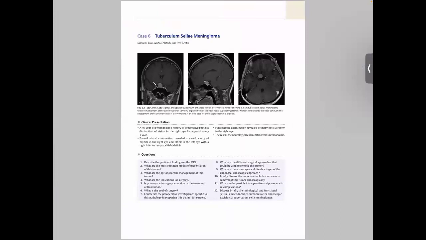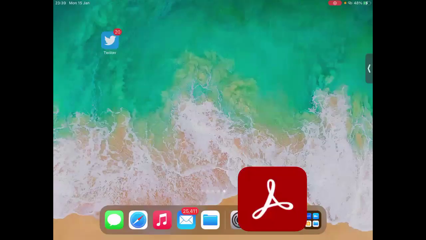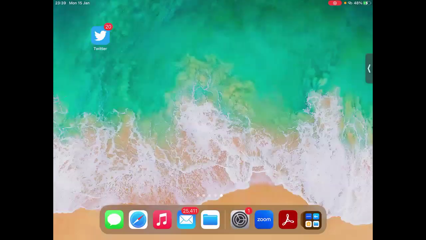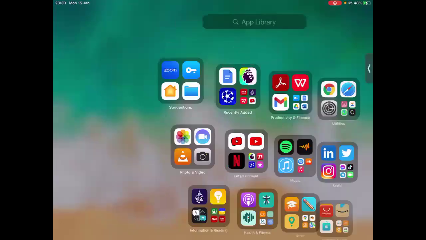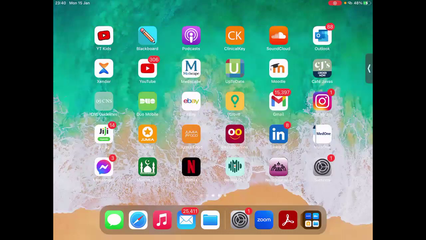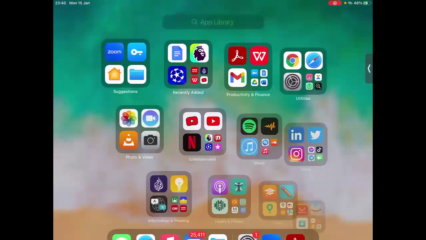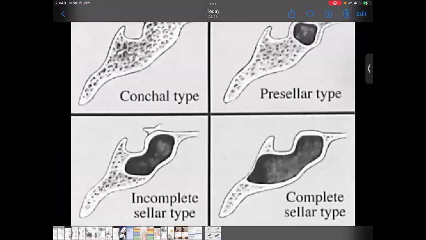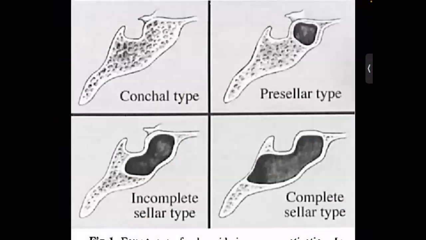The pneumatization is classified. I came across something in Greenberg. There are about 4 types. We have the conchal type, whereby there is a very small area, almost no air cavity in the sinus.